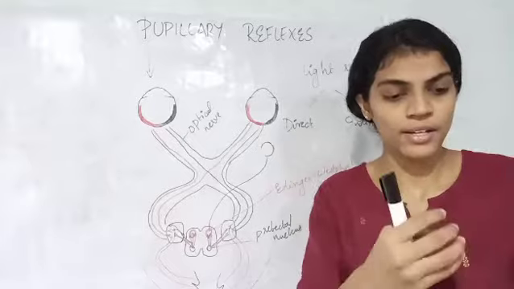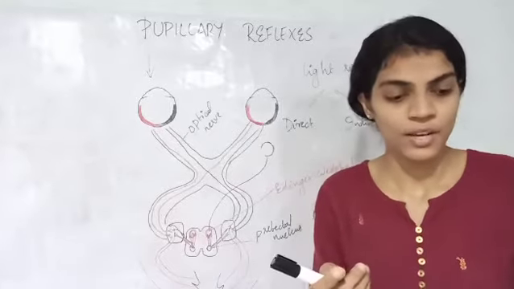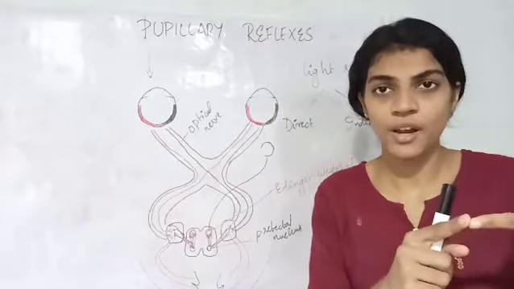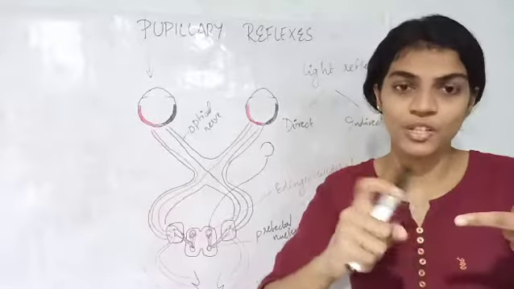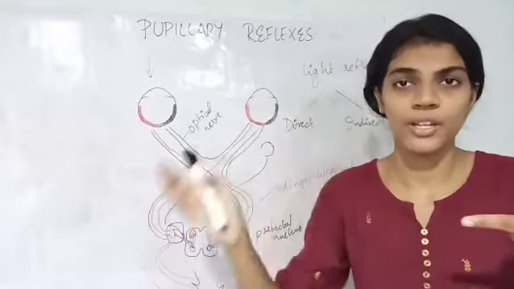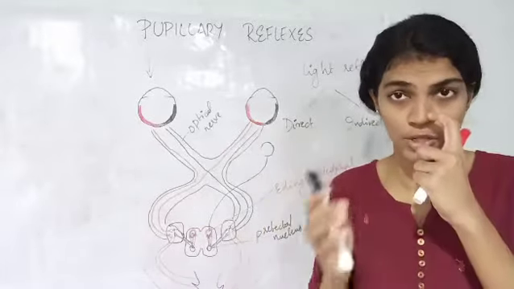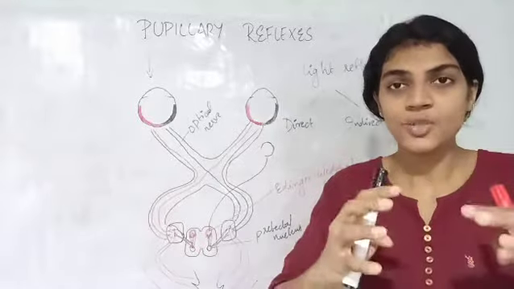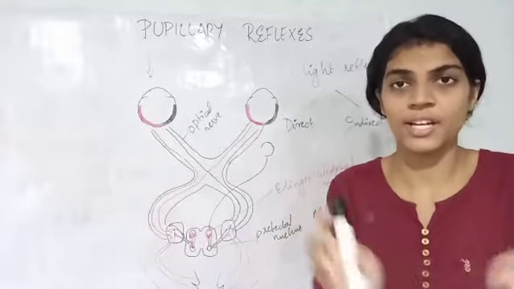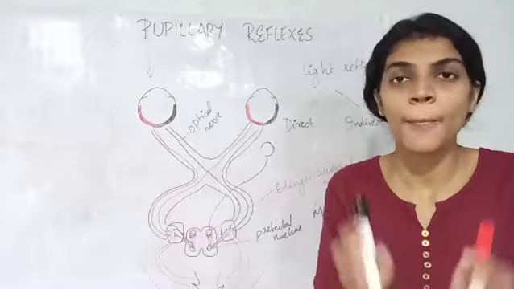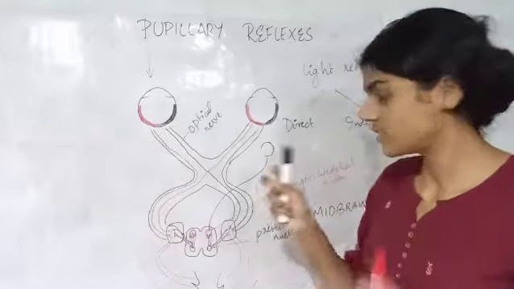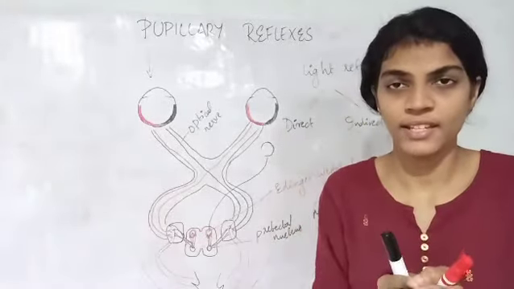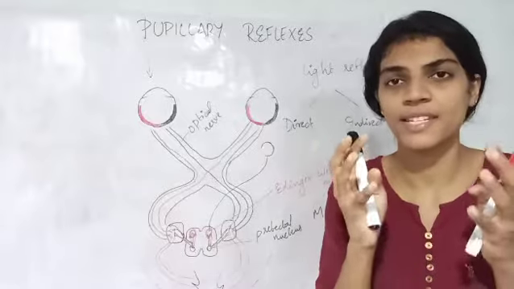One synapse means what? One axon terminal of one neuron makes a connection with the cell body or dendrite of another neuron. That is what is known as a synapse. The site at which the synapse occurs is known as the ganglion.